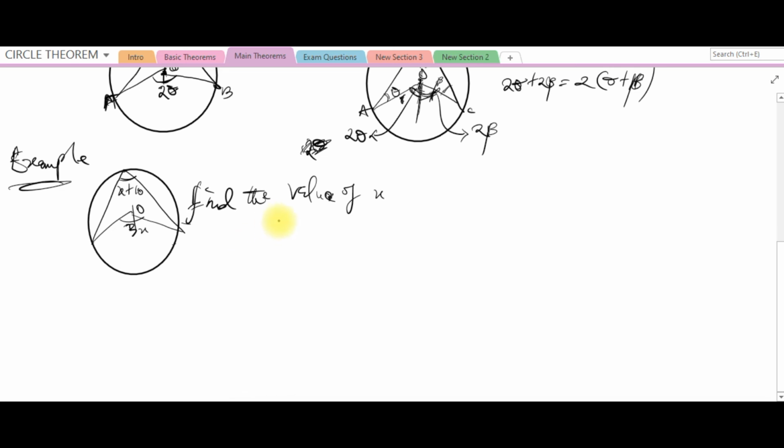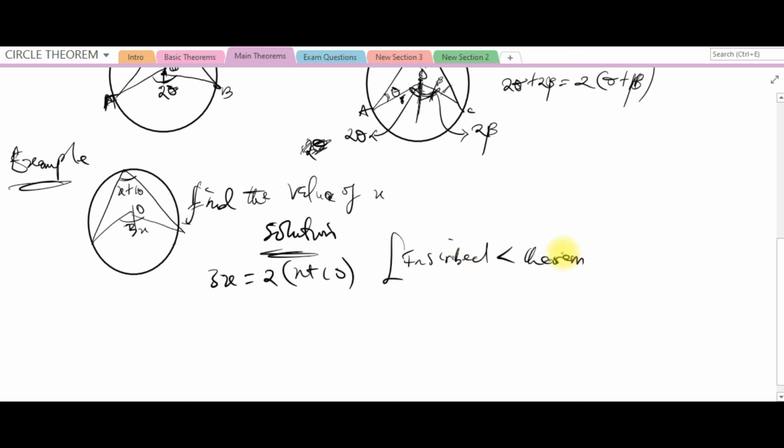So the solution. By the inscribed angle theorem, which says that 3x, that's the angle at the center, must be 2 times the inscribed angle.